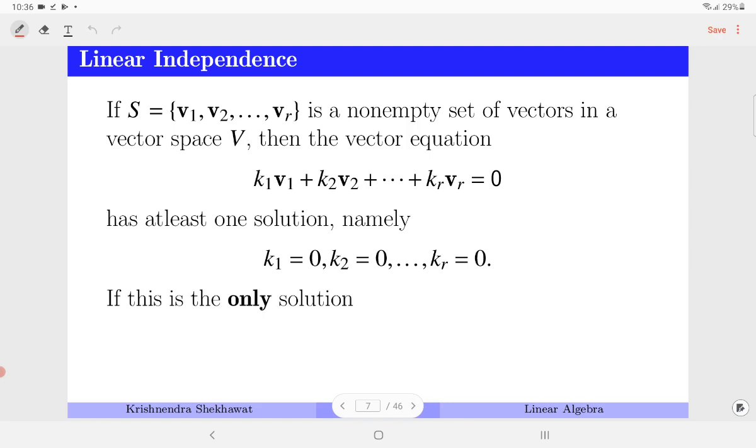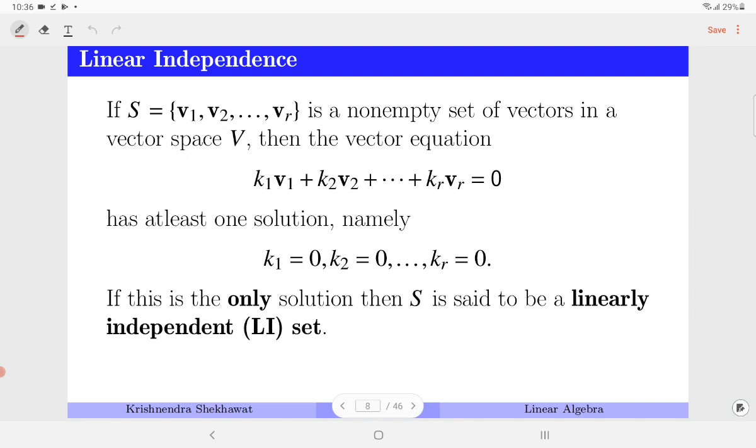But then we say that if this is the only solution, so consider the equation: v1, v2, ..., vr vectors are given. You introduce the scalars k1, k2, ..., kr. Mainly, by scalars we refer to the real numbers. So if this vector equation has only one solution, which is k1 = 0, k2 = 0, which means all the scalars are 0, so if this is the only solution, then we say that set S is linearly independent.